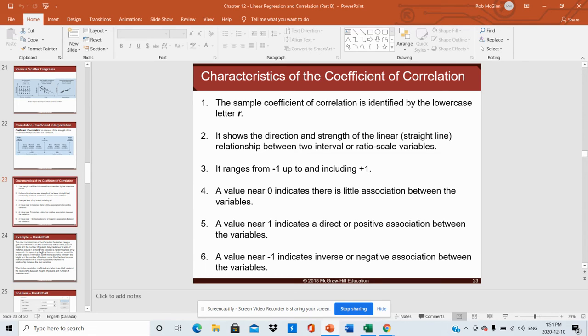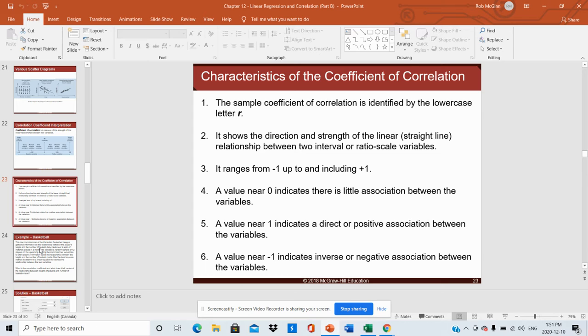Ranges from -1 up to and including +1. A value near 0 indicates there's little association between the variables. A value near 1 indicates a direct or positive association between the variables. A value near -1 indicates inverse or negative association between the variables.